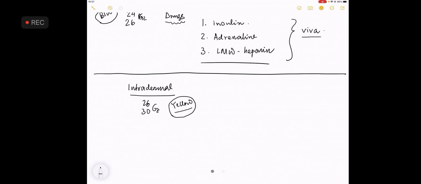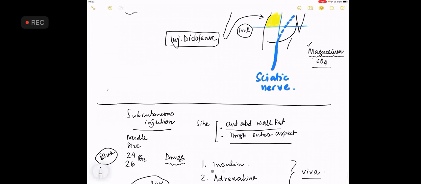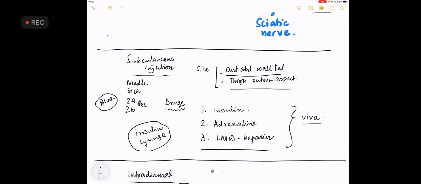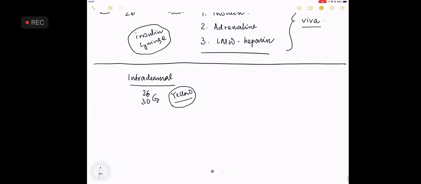These are technically sometimes called insulin syringes. Intramuscular is pink, 20 to 22 gauge. Yes, sir, 20 to 22 gauge. Right. Intradermal, remember, can you tell me any drug that is given intradermally? Yes, sir, antibiotic prophylaxis.